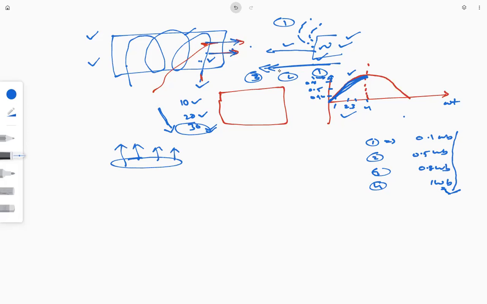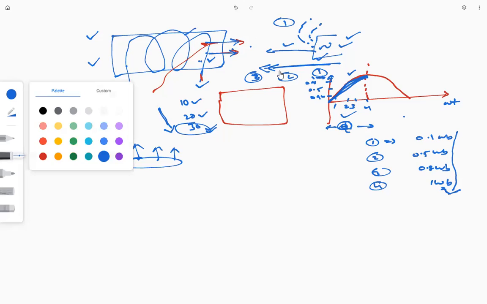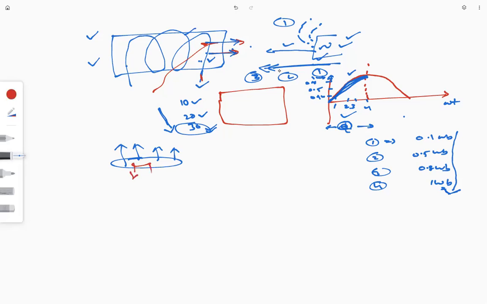In the first cycle, let us say period A, the flux is going on increasing. Therefore, in order to oppose this increase in flux, the flux produced by the coil will oppose it.